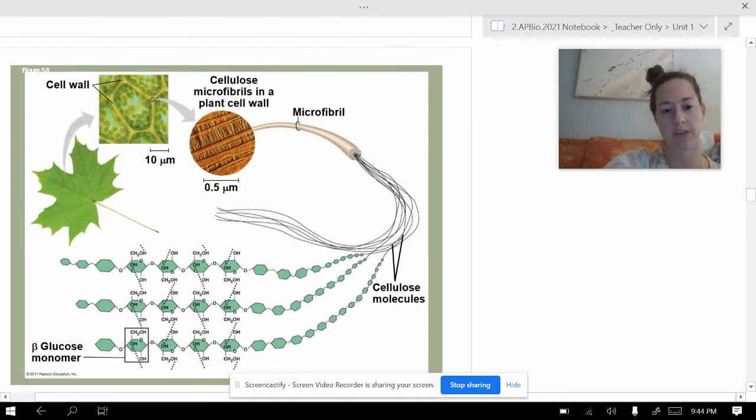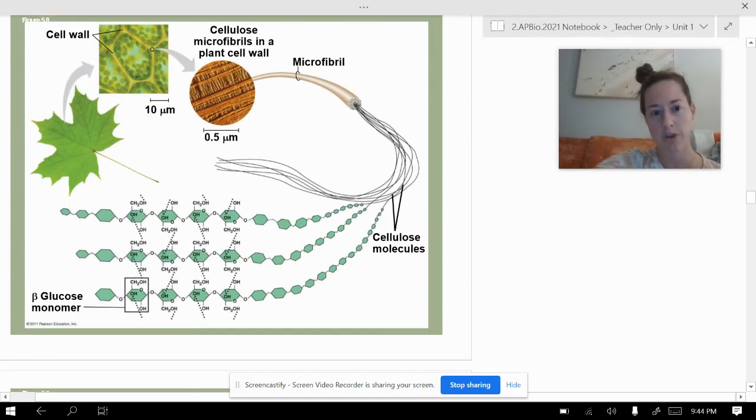Now, look at the difference in cellulose. So you can see that cellulose has a lot less branching. Here's your beta glucose that I was talking about. It's actually listed on this image, but it has to do with the fact that every time it's added to the chain, it flips upside down. In amylose, that doesn't happen.